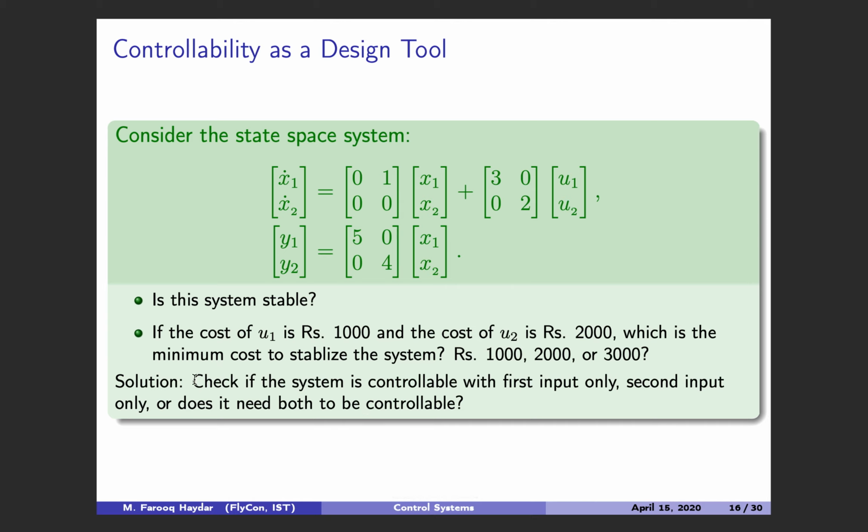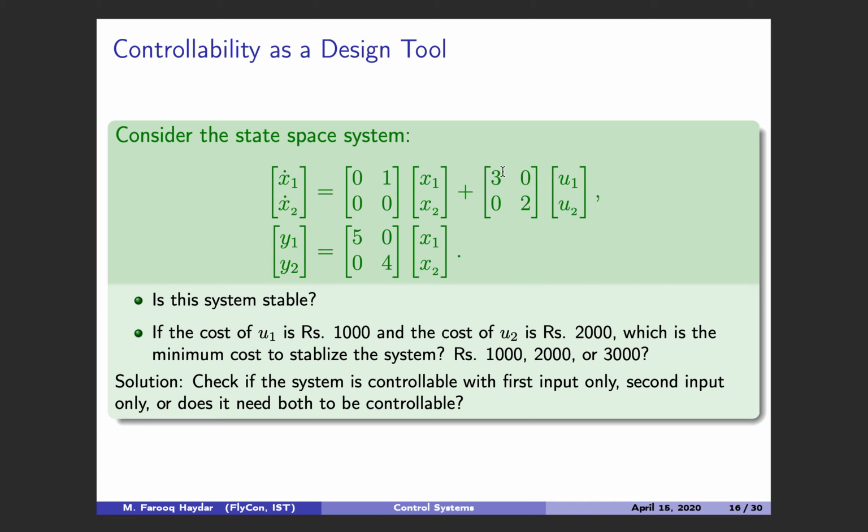What we can do is check if the system is controllable with only the first input, if it is controllable with only the second input, or if it needs both. I leave this very simple exercise to you. For the first controllability question, you have to delete the second column of this B matrix.